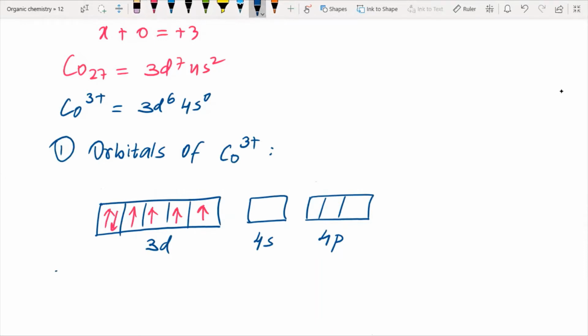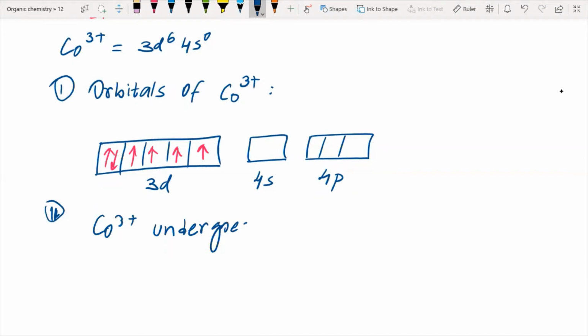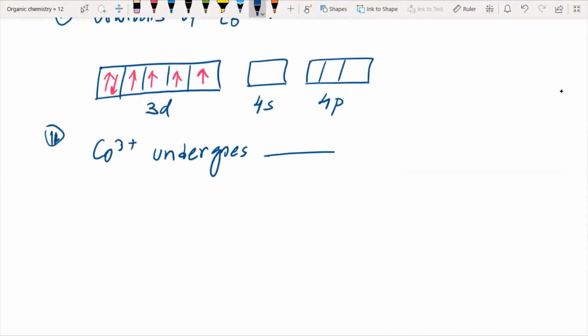Next, which hybridization do we get in this? So we can write that Co3+ undergoes dash hybridization.